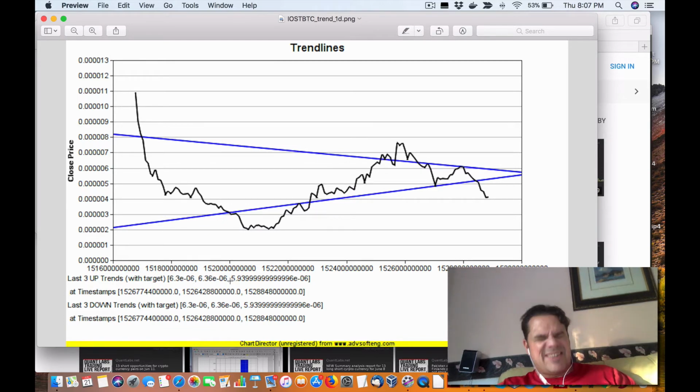And then it's expected, based upon the regression line, that the next target on the third touch, for it to be potentially an entry or an exit, is 5.93. And same on the downside: 6.3, 6.366, and 5.933 as well.